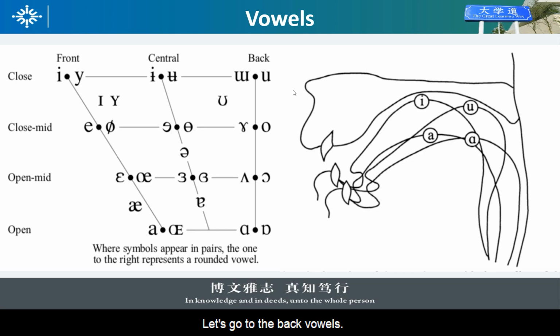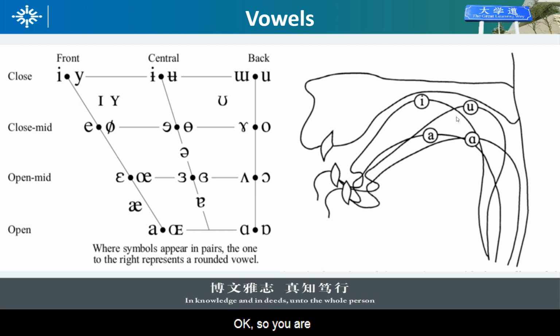Let's go to the back vowels. Because I think everybody can understand some of them easily, right? We are first trying to locate the upper one. I think everybody knows this: ooh. When you pronounce ooh, you put your tongue back and up.